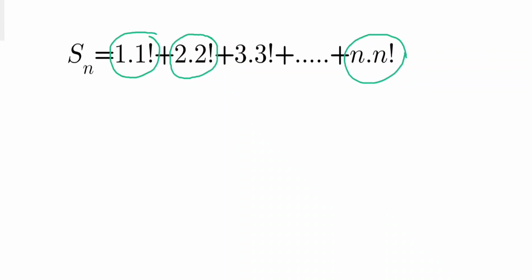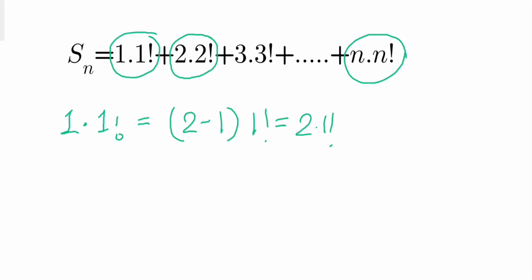So let's start. For 1 into 1 factorial, I can write this as 2 minus 1 into 1 factorial, which equals 2 into 1 factorial minus 1 factorial, and this equals 2 factorial minus 1 factorial.